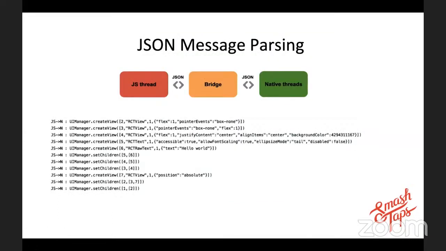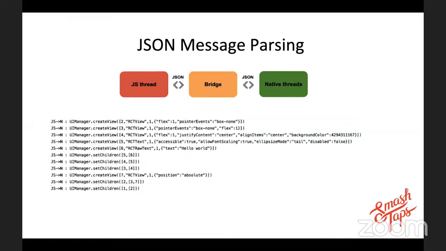Okay, so React Native basically talks through the bridge via JSON. JSON is message passing. I hope everybody knows what JSON is.